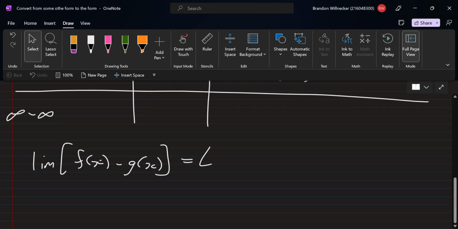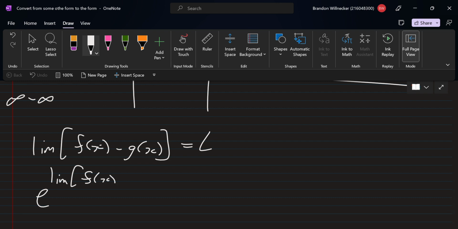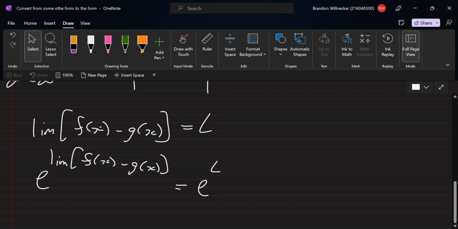Now we know e to the x minus y is the same thing as e to the x divided by e to the y. So let's take the exponential on both sides. So e to the limit of f of x minus g of x is equal to e to the L. We can take the function on both sides, nothing wrong with that.